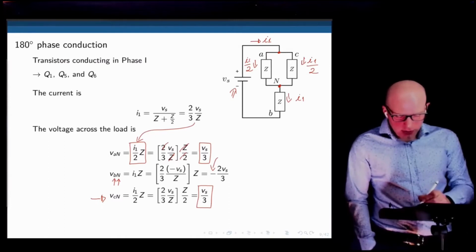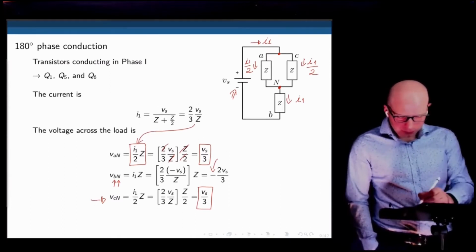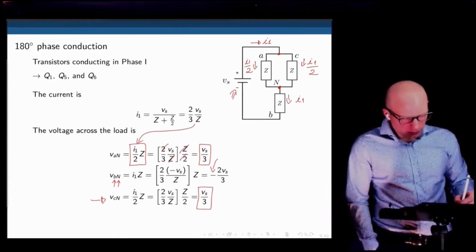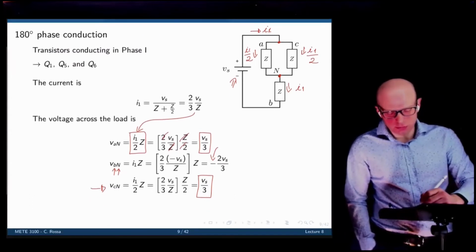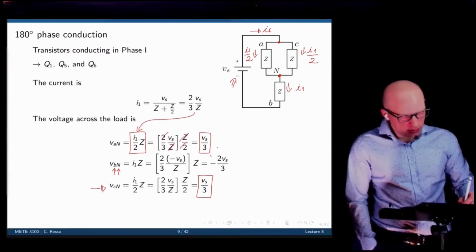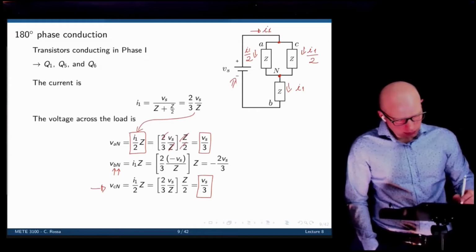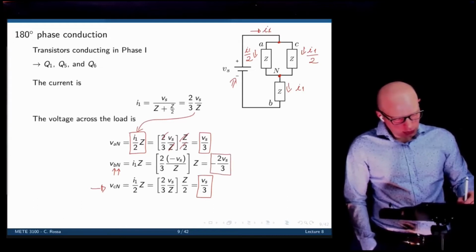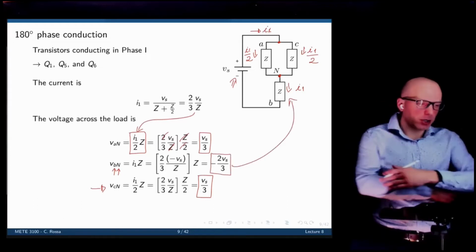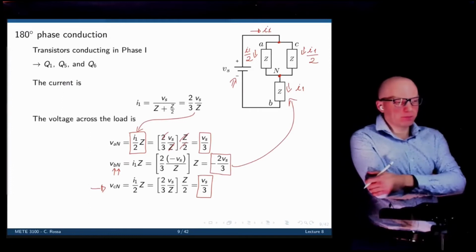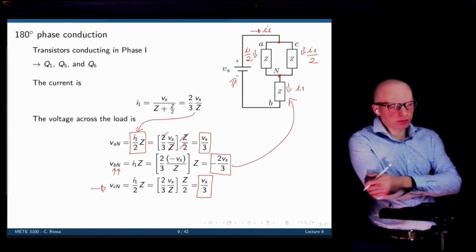When you calculate that, we get negative 2/3 of the input voltage. This is the voltage across that part, the output. Is it clear? Any questions here? No?